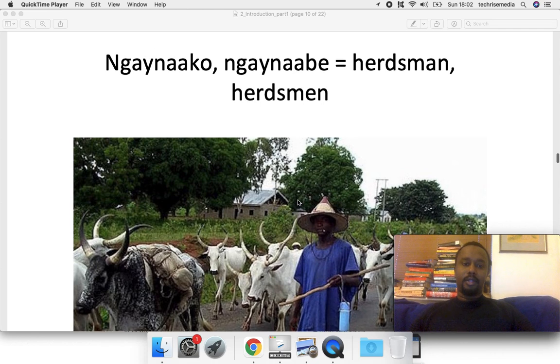So I pronounce this hard, even though I'm a Fulani man, and you know we love our goats, we love our cows, and we're probably herdsmen. So this is gainako, gainako or gainabe.